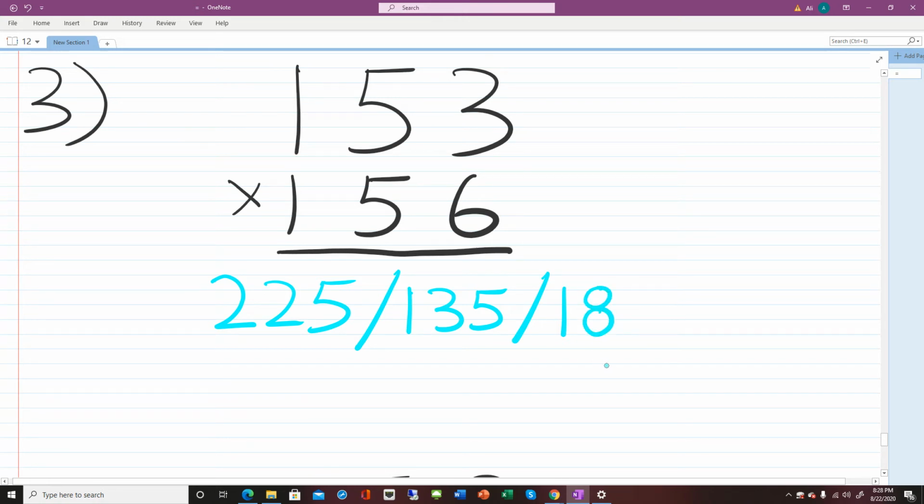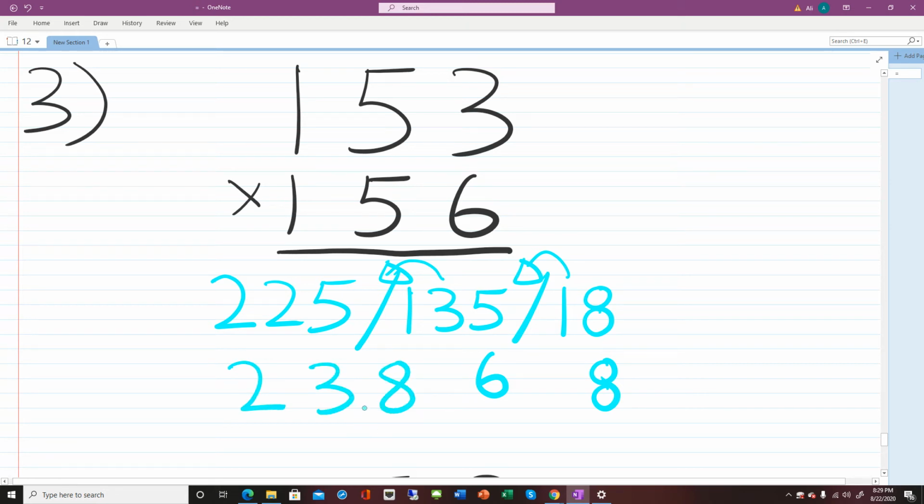So right to left now. Keep the 8, carry the 1. So I get 136. So I'm going to say 6, carry the 13. What's 225 plus 13? That's 238. So final answer, 23,868. Okay, let's go down.